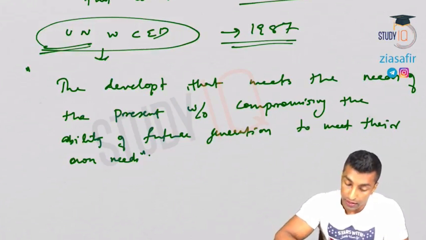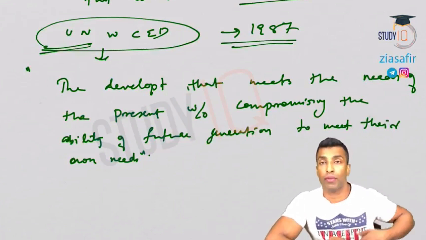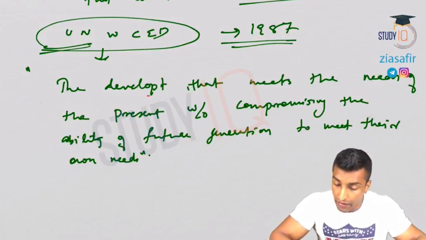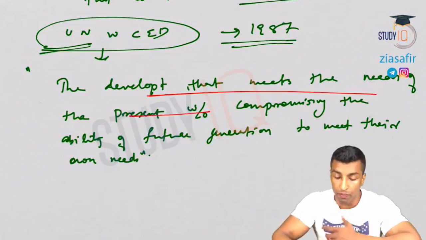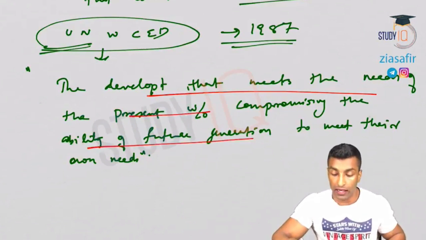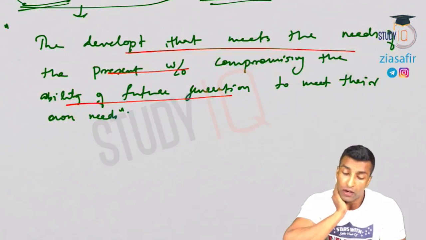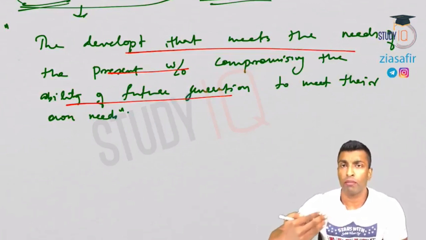This is the definition given by the Brundtland Commission in their report in 1987. So it basically calls for intergenerational equity between generations.